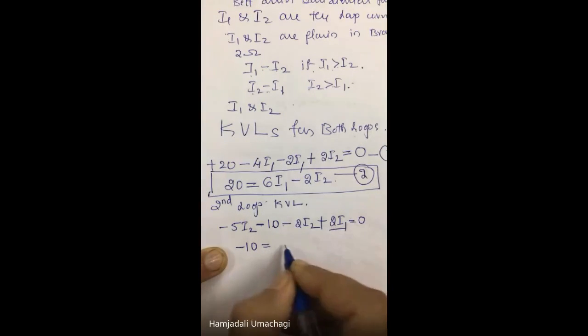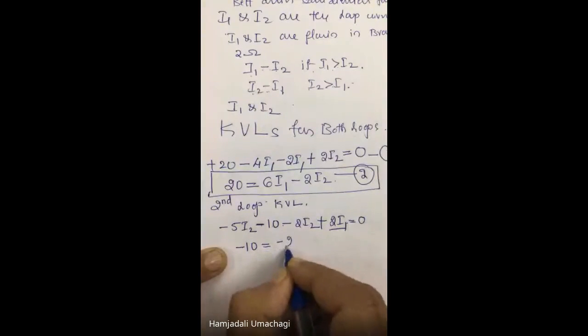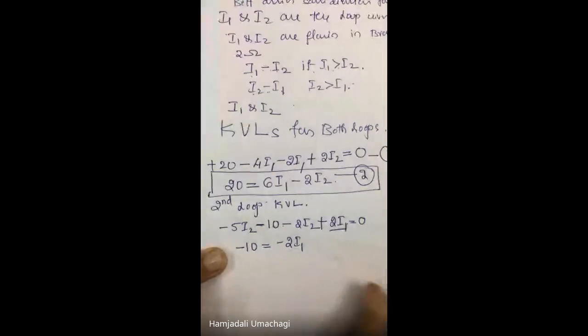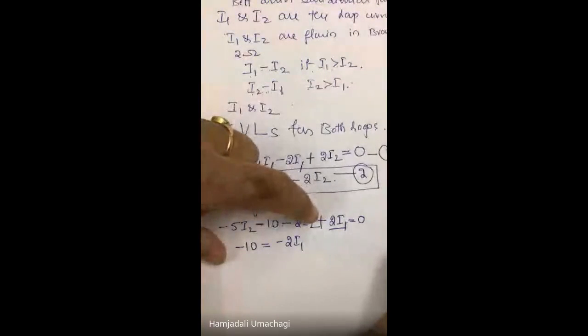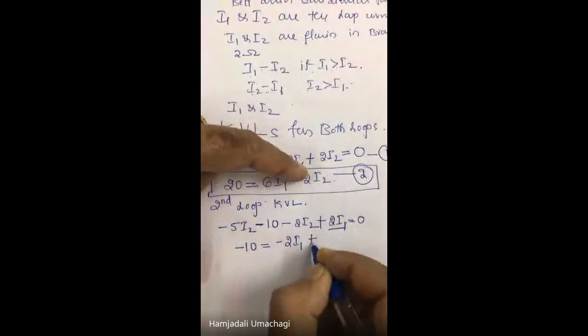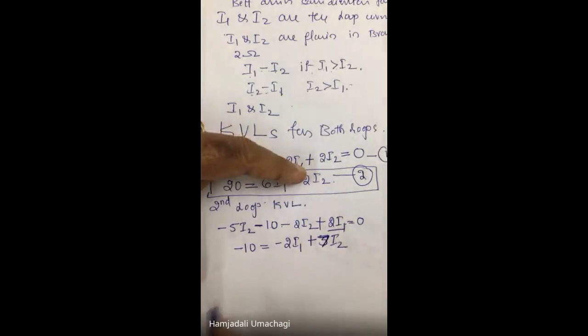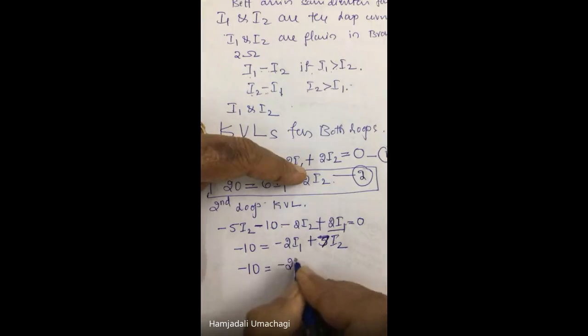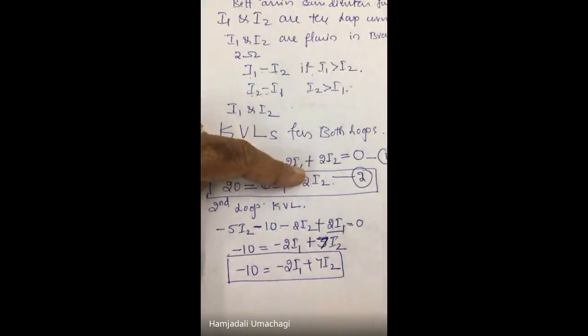I'll be taking minus 2I1 first. These two are minus 5 and minus 2I2. Thus, it is plus 7I2. Correct, it is minus 10 equal to minus 2I1 plus 7I2, which is equation 2.